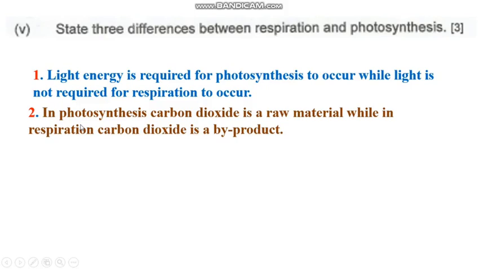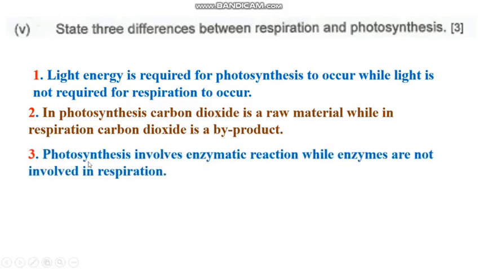Now, let us look at our third difference. So the third difference here, we are saying that when it comes to photosynthesis, the enzyme reaction is required, or enzyme reactions are involved, while in respiration, enzymes are not involved. So here we have said that photosynthesis involves enzymatic reaction, while enzymes are not involved in respiration.